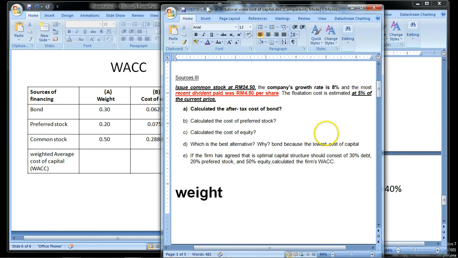However, if I want to add one question, alright, if IRR is 19%, so should this company proceed with this project?